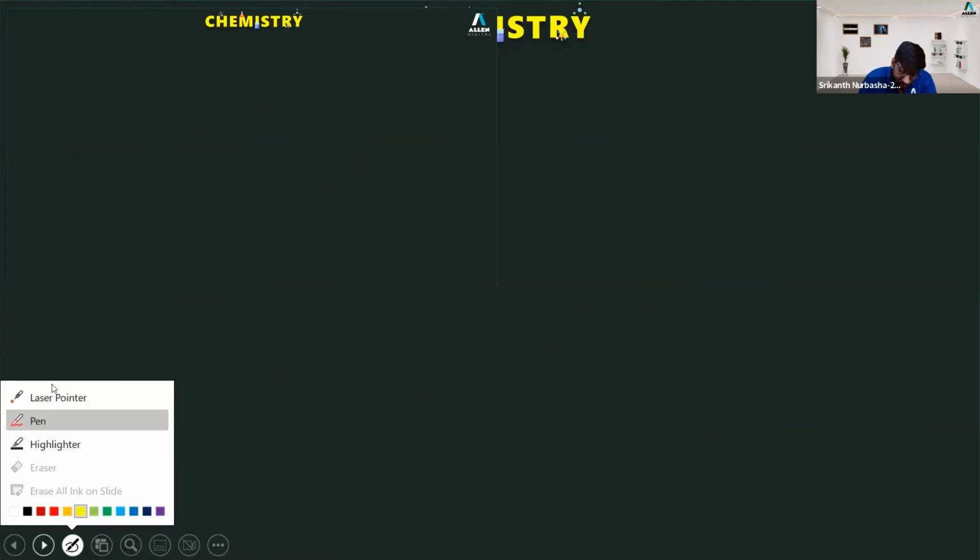What is the structure, students? Can I write the pi electron density movement here, because the electrophilicity has increased? So because of that resonating structure, I'll be having this structure.